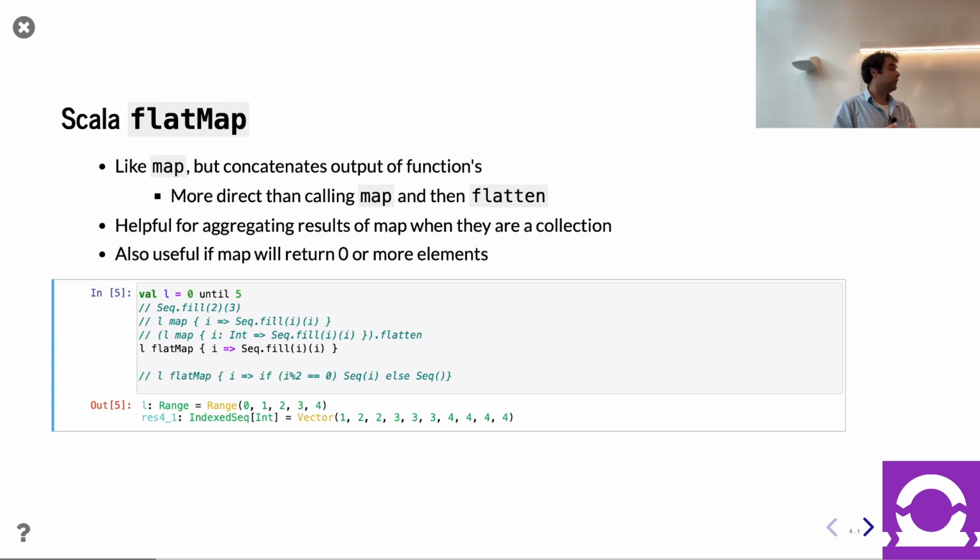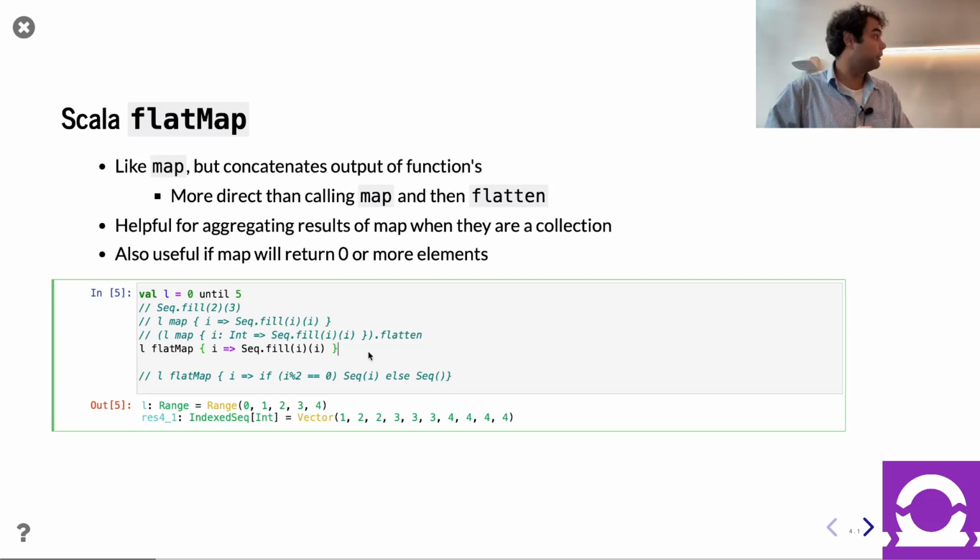With flatMap, it's going to apply to each element, but it's going to append the resulting collection to the collection, right? And so, yeah, we get the same behavior here. You can do some cool things with this. Sometimes, as we saw in the trivial example here where we're creating collections, we don't want a collection of collections. We want just one level of collections and all data combined. FlatMap will help you with that.